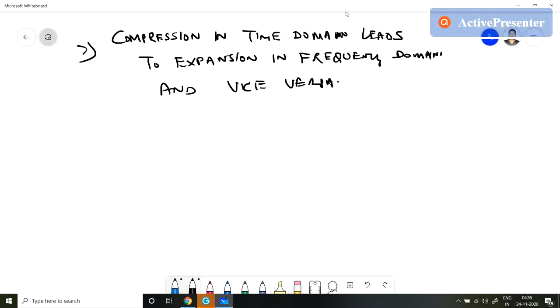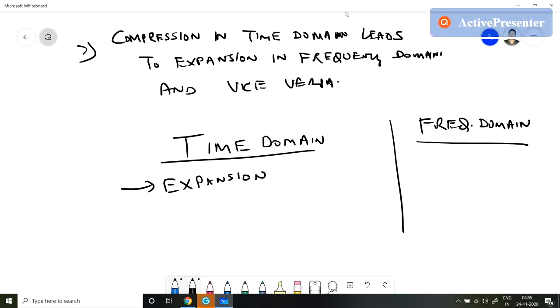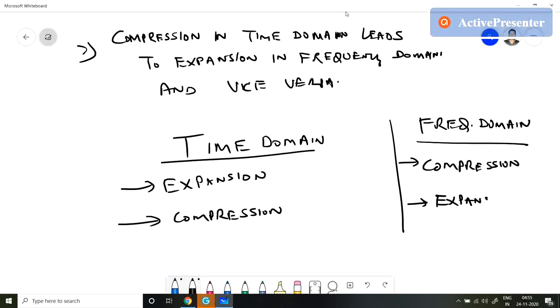It means if we have expansion in time domain, then we have compression in frequency domain, and if we have compression in time domain, then we have expansion in frequency domain.